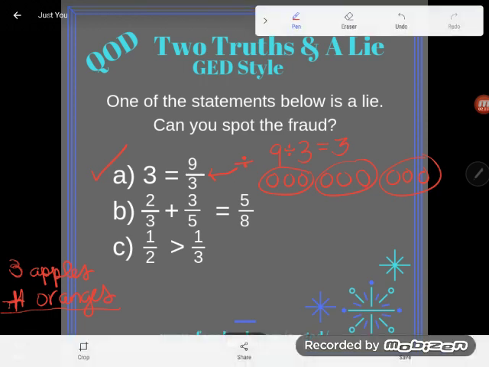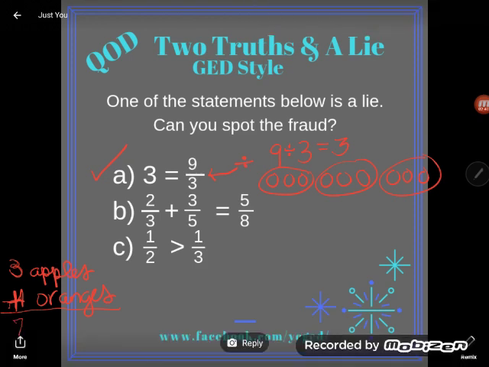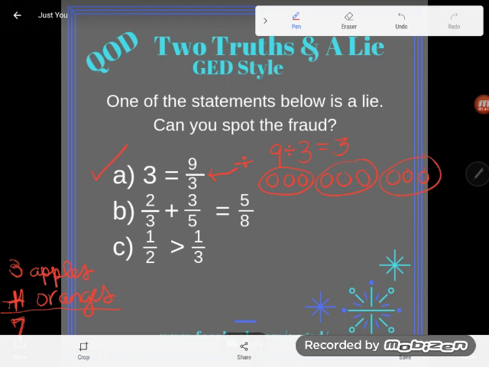People are like, well, it's 3 apples and 4 oranges. And I'm like, you're right. 3 apples plus 4 oranges is 3 apples and 4 oranges. I can't add it unless some people will tell me, well, Kate, that is 7. And I say to them, 7 what? It's certainly not 7 apples. I only had 3 apples. And it's not 7 oranges. I only had 4 oranges.